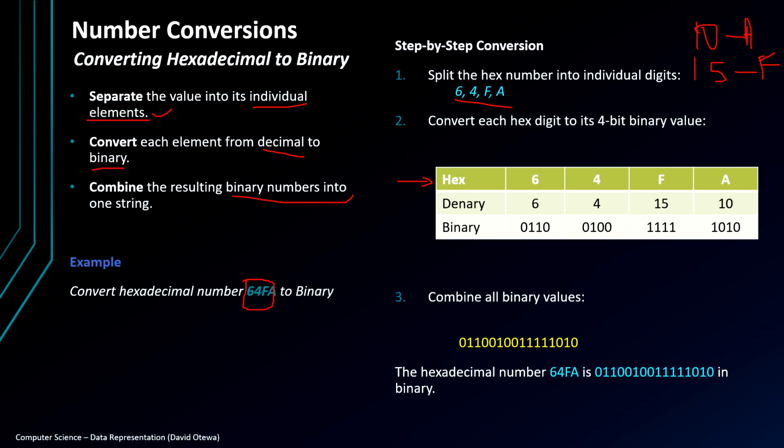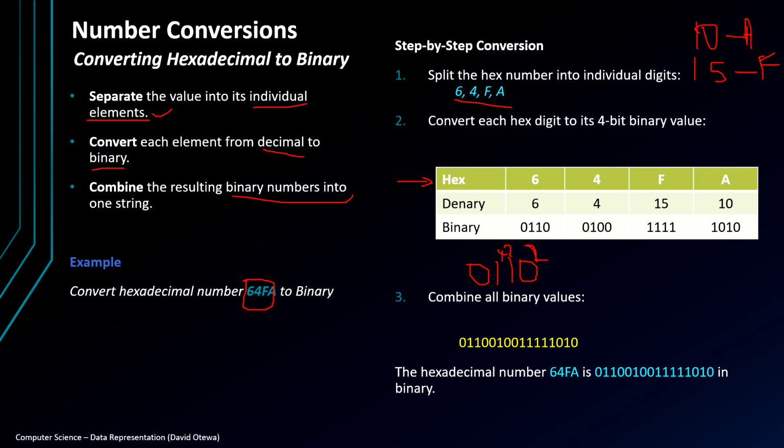So for 6, for these 4-bit values, it's very easy to convert them into binary. For example, this 6, we know this will be 1, 2, 4, right?